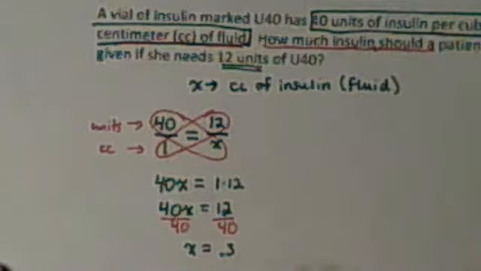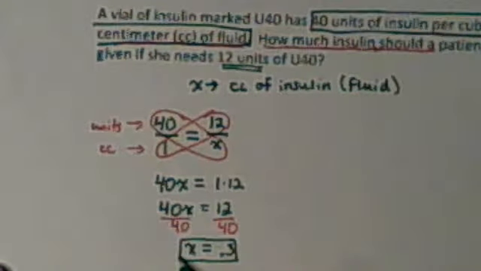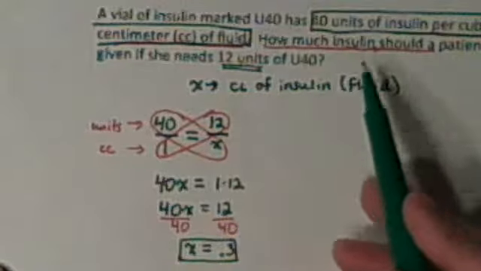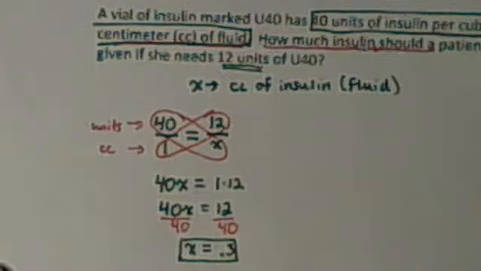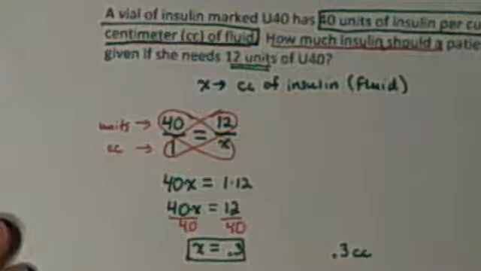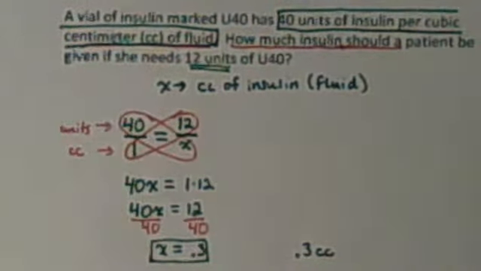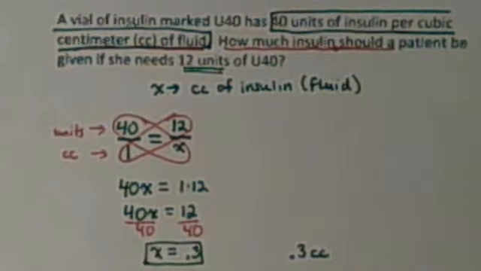So I have found my x value, but now I want to make sure I answer the question. It says how much insulin? So what I'm looking at is 0.3 cc's of insulin. Now, this particular problem is a little unique in that it's also giving us some specifics about the kind of insulin being used.